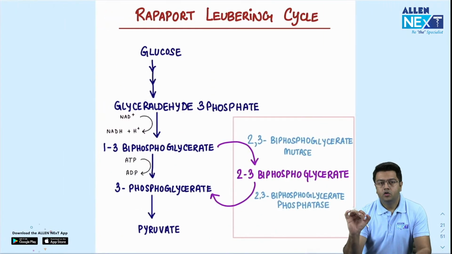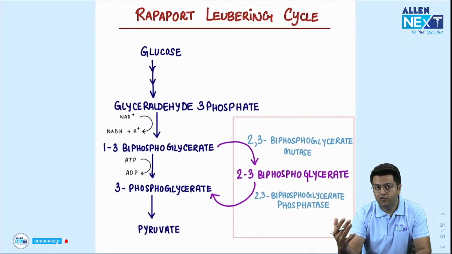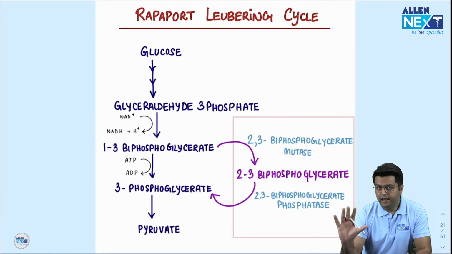This is called the Rapoport-Luebering cycle. We have already had MCQs like how many ATPs are formed in the Rapoport-Luebering cycle, and that is net 0.